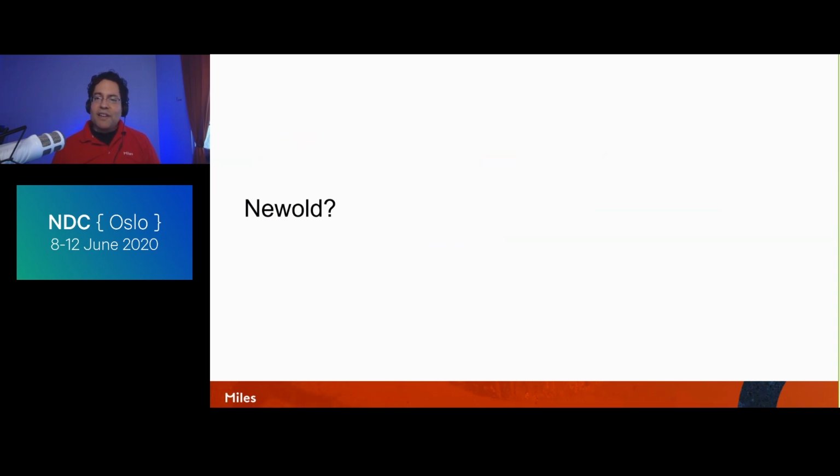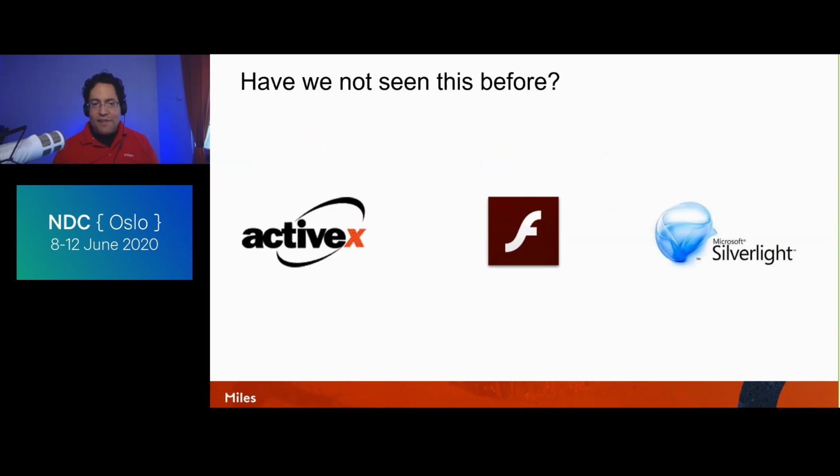One important question here is, isn't this just the new old thing again? Haven't we just seen all of this before? We can take some examples from the past. We had ActiveX, and we also had Flash, and we had Silverlight, and none of these have survived. So why would WebAssembly have a higher chance of success than these previous frameworks?